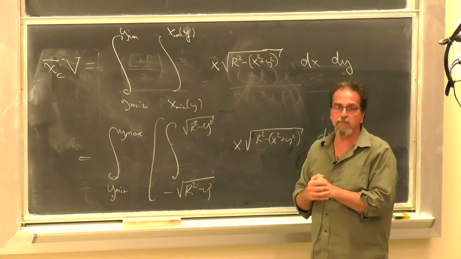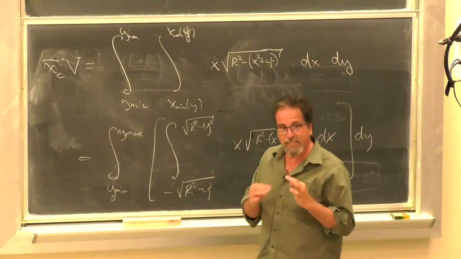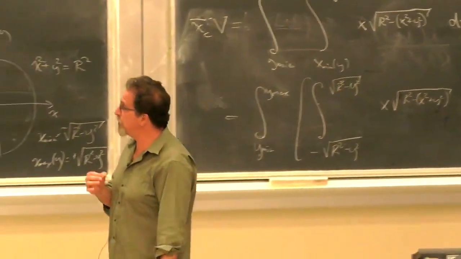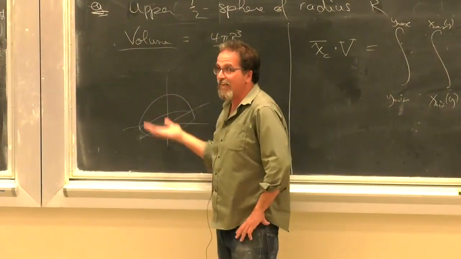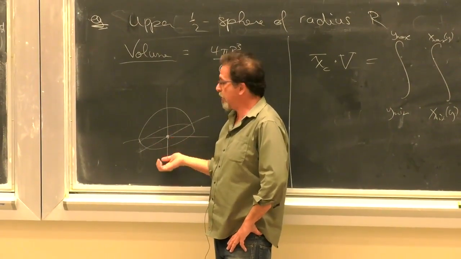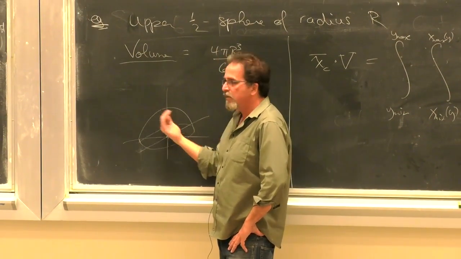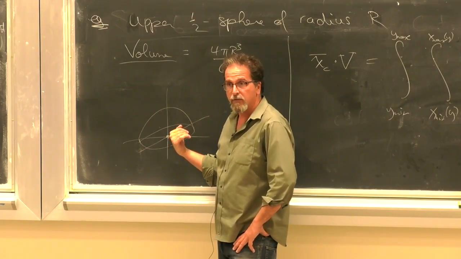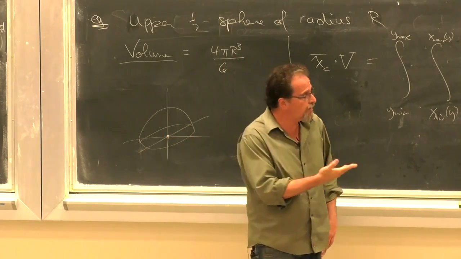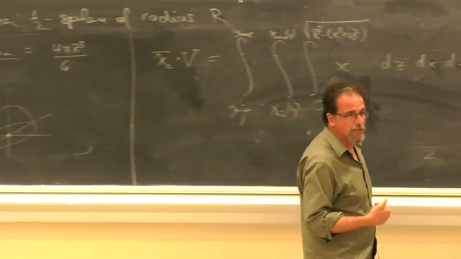So x̄c is 0. That symmetry is a reflection of the fact that I have chosen to put this hemisphere centered on the z-axis, around x equals 0. I've centered it around x equals 0. If you need to convince yourself of that, you can.